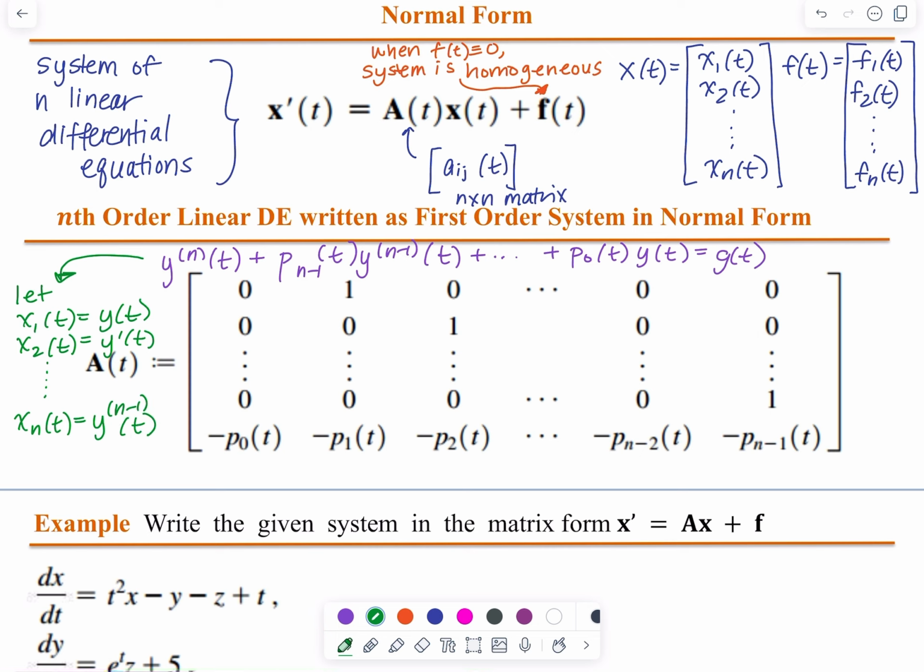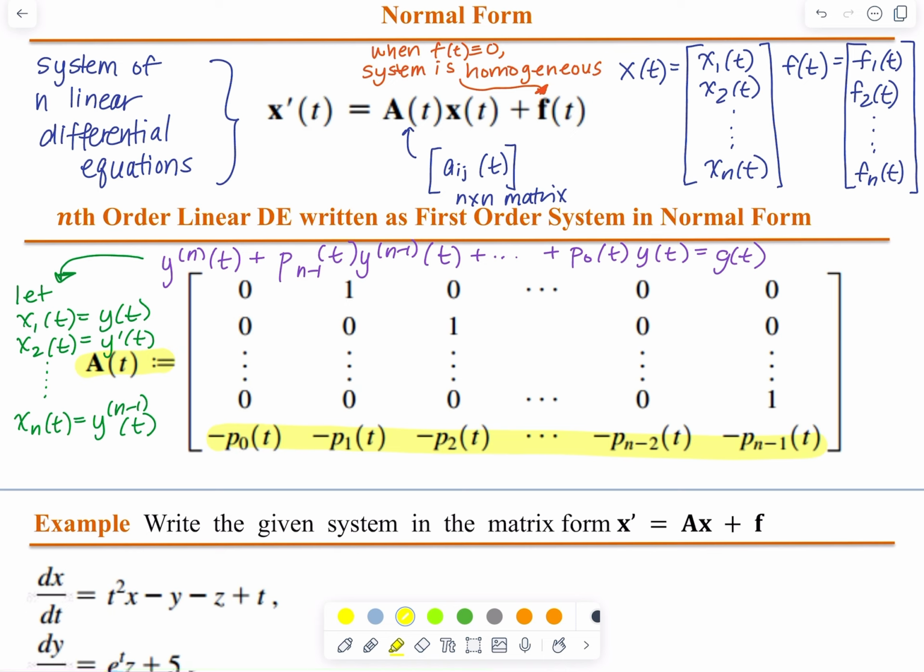That is equivalent to the equation above when we make that substitution. And that's how we come up with our matrix A of t. We have these p functions as that lower row.